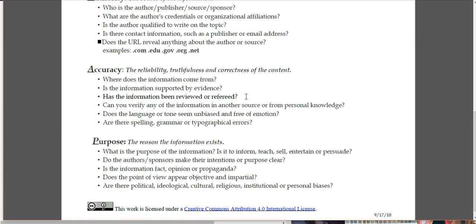A good example of this is the American Journal of Medicine. An example would be a doctor is conducting a research study on how yoga can lessen symptoms of anxiety and depression. After they've conducted that research study, they write up their findings into a research paper and they submit it to that journal.